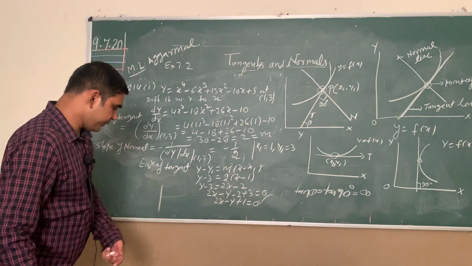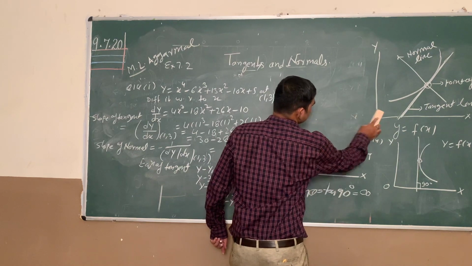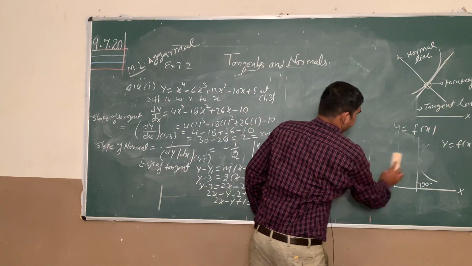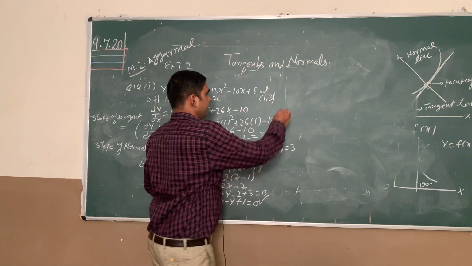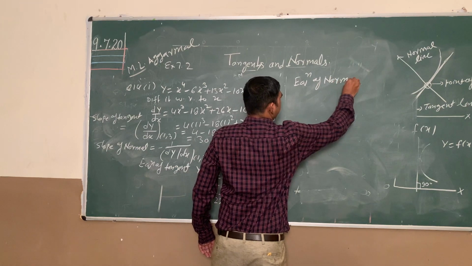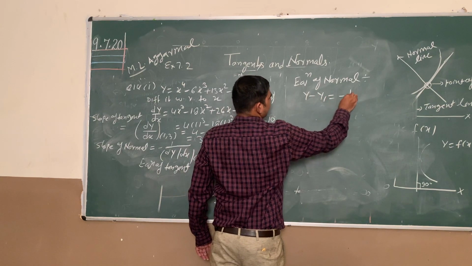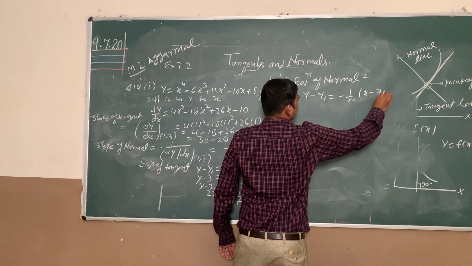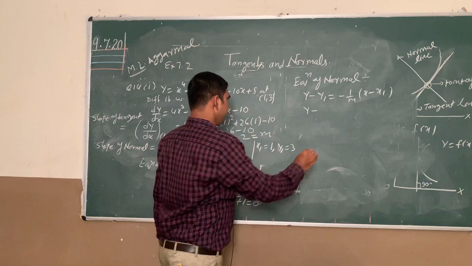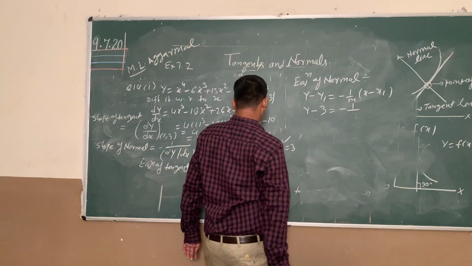Now we find the equation of the normal at this same point. So the equation of the normal is y minus y1 equals minus 1 upon m times x minus x1. Put the values of x1 and y1: y1 is 3 and x1 is 1, and m is 2.